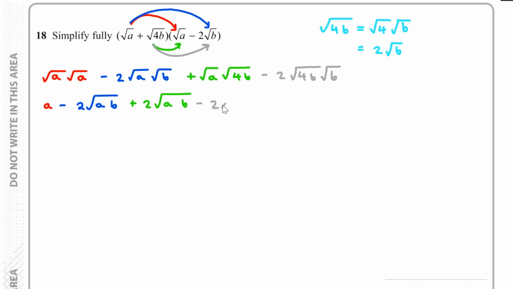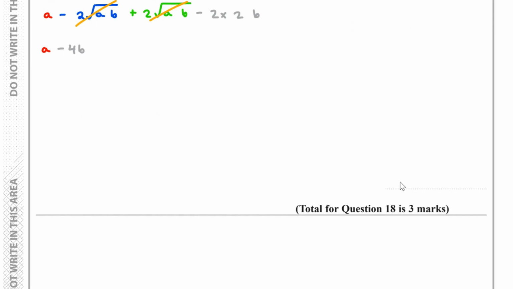We've got 2 multiplied by, well, square root 4B, that's going to be 2 root B. And then multiply that by B, that's just going to be B. So, tidying this up even further, we've got A, and then here, this and this cancel, and then we've got the minus 4B. So, we end up with A minus 4B.